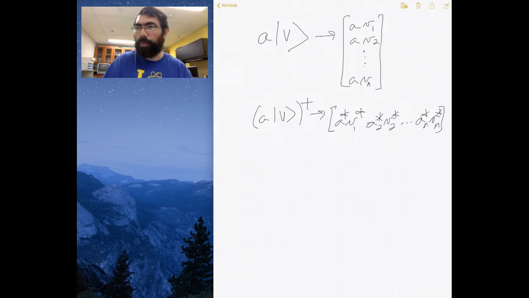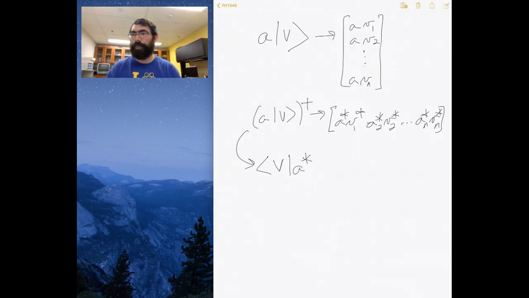Really what we're doing by taking the adjoint is turning that ket with a number multiplied to it into a bra with the complex conjugate of that number.